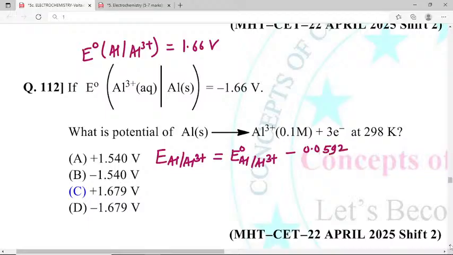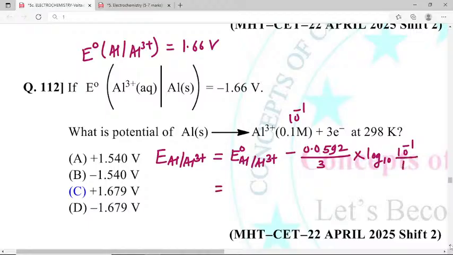0.0592 by 3, multiply by log to the base 10 of 10 to power minus 1 divided by 1. Minus minus become plus.